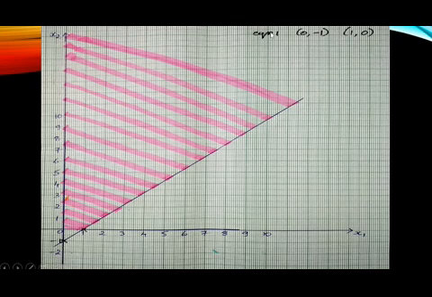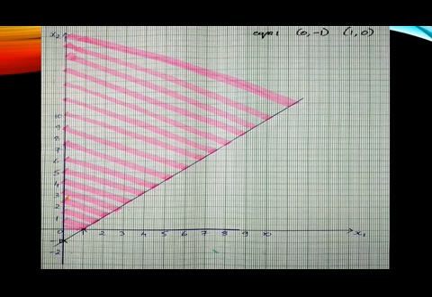Considering the first equation, I get the point 0 comma minus 1, 0 along x1 and minus 1 along x2. So the point is outside the first quadrant, right?